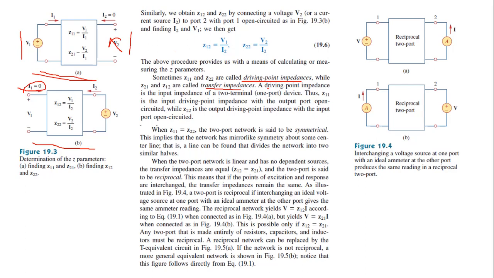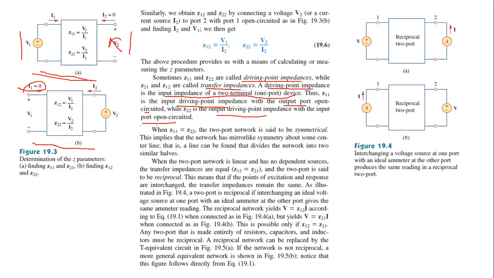Now, let us define this. A driving point impedance is the input impedance of a two-terminal one-port device. Thus, Z11 is the input driving point impedance with the output port open circuited, while Z22 is the output driving point impedance with the input port open circuited. What does it mean?